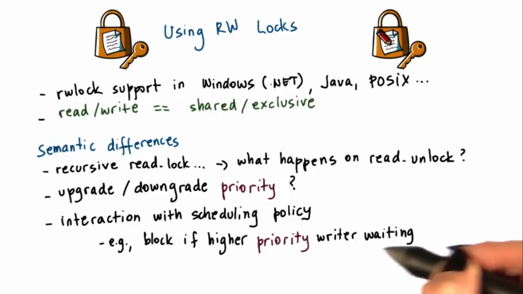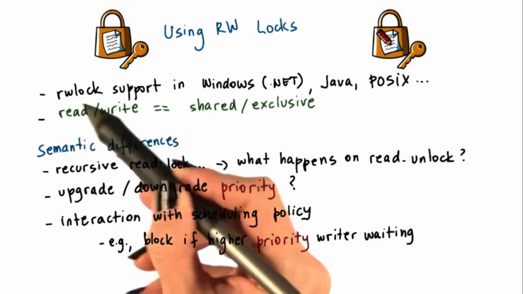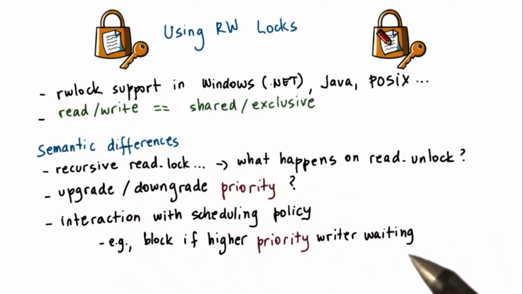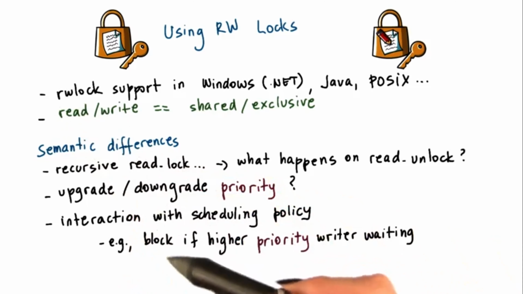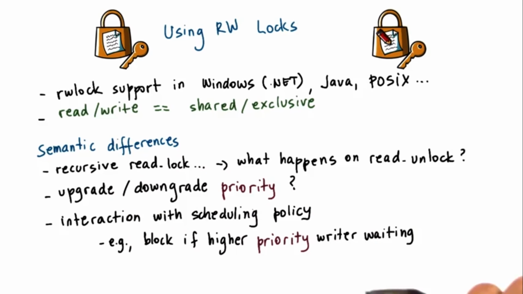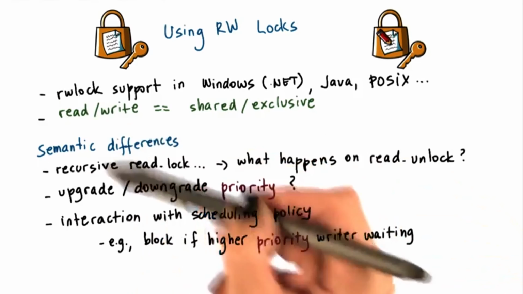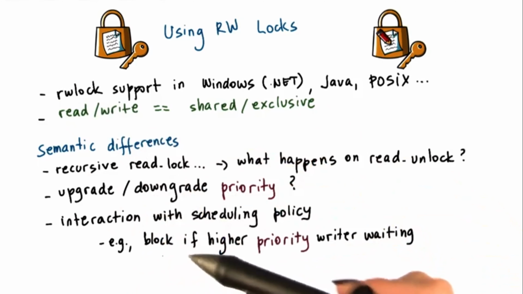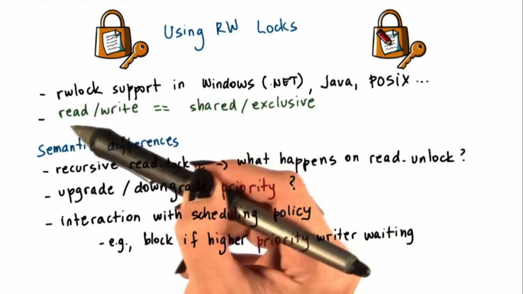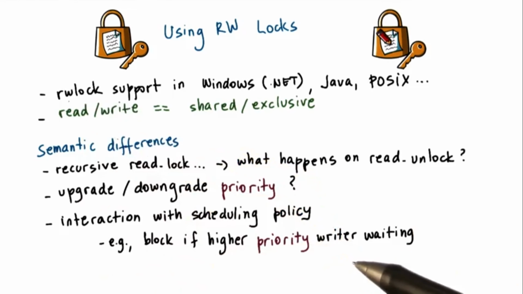In this case, the writer is waiting because there are other threads that already have read access to the lock. And if there is a coupling between the scheduling policy and the synchronization mechanisms, it's possible that a newly arriving reader will be blocked. They will not be allowed to join the other readers in the critical section because of the fact that the waiting writer has higher priority.